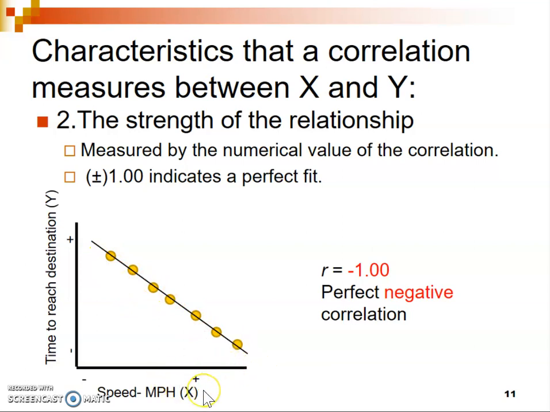An example of variables that might have a perfect negative correlation would be the speed at which you're traveling and the time it will take you to reach your destination. The slower you're traveling, the more time it's going to take you. But the faster you're going in miles per hour, the less time it's going to take you. So with each additional mile per hour increase, you should see an exact decrease in the amount of time involved to get to your destination. So that's a perfect negative correlation.